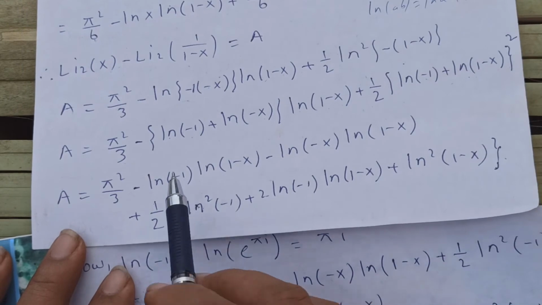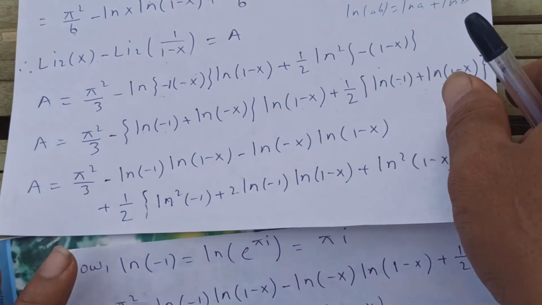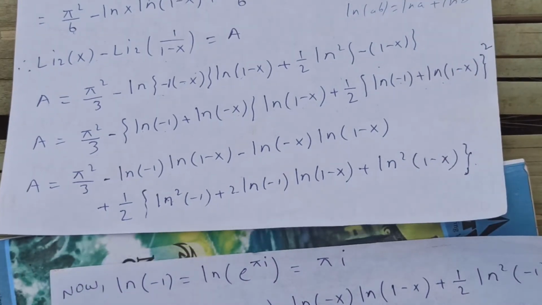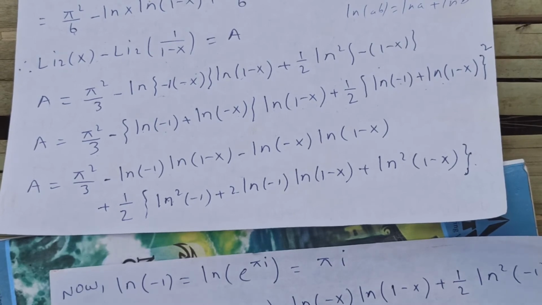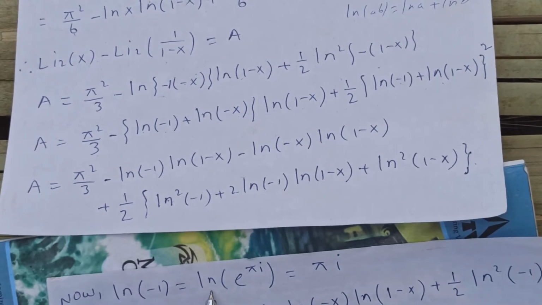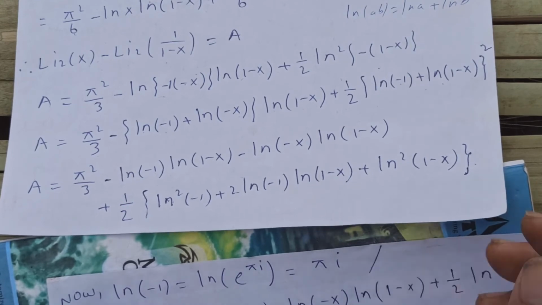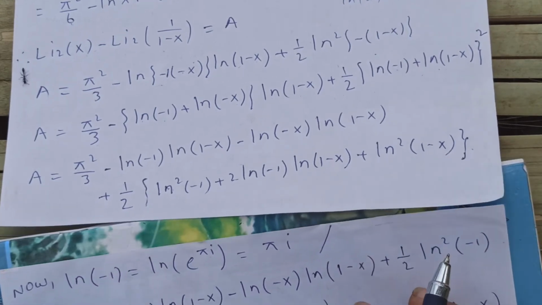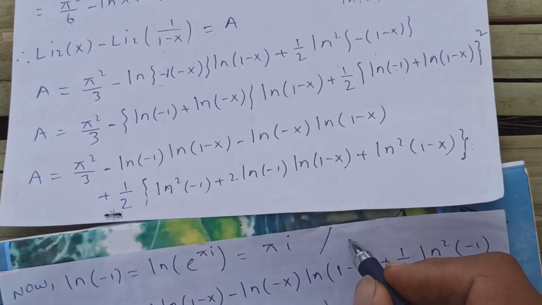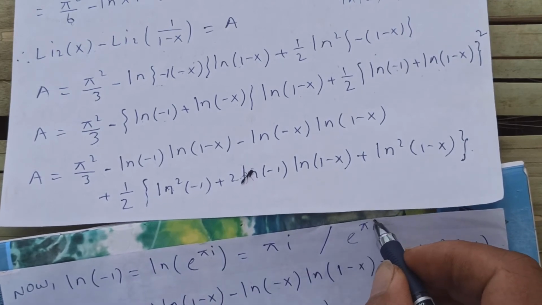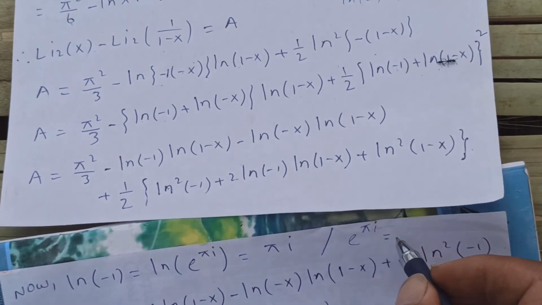Now let's see ln(−1). So ln(−1) is ln of e^(πi), because this is what we call a beautiful equation in math: e^(πi) is equal to −1.